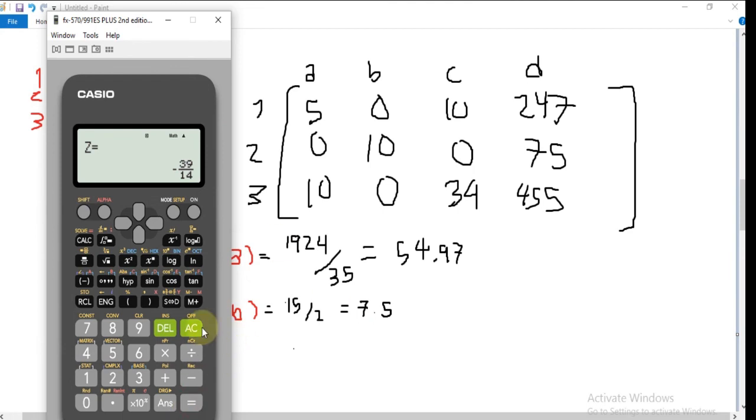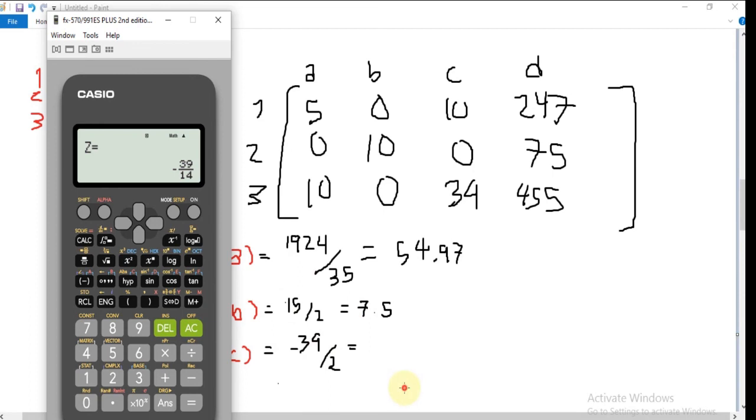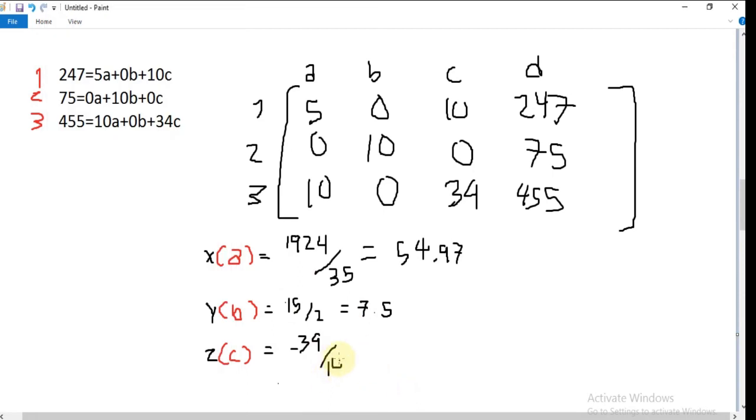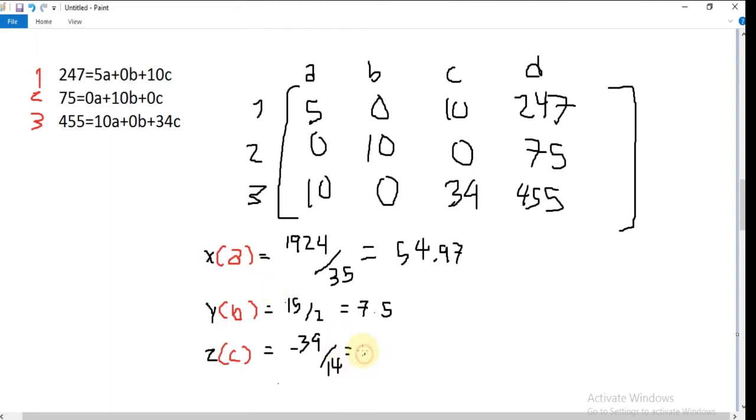That is your b. Your c is negative, so z is your c: negative 39 over 2. Sorry, negative 39 over 14. So that is negative 2.79.